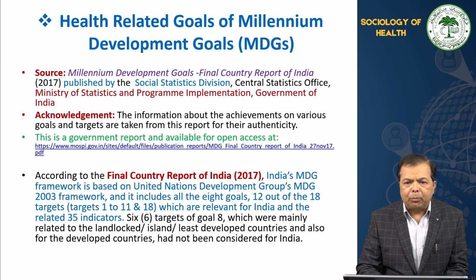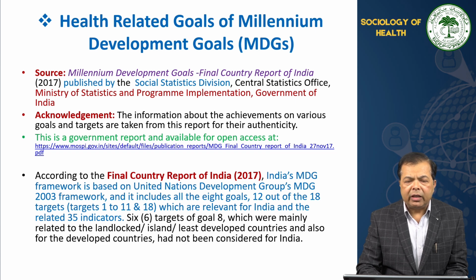According to the Final Country Report of India, India's Millennium Development Goal framework is based on the United Nations Development Group's MDG 2003 framework. That means MDG had more than one framework, and the country report says that our achievements are based on the 2003 framework, and it includes all the 8 goals, 12 out of the 18 targets, targets 1 to 11 and 18, which are relevant for India, and the related 35 indicators.